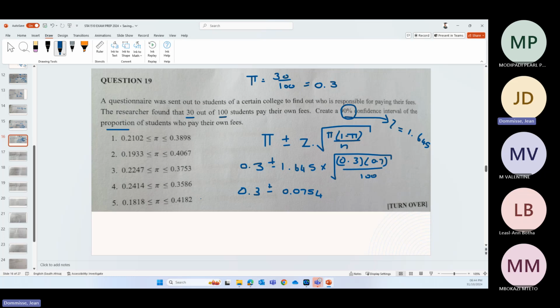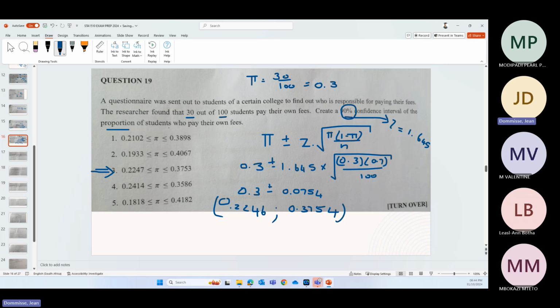I wonder why it is rounded off like that. So the top one is 0.3754, and the bottom one is 0.2246. Somewhere there's a bit of rounding off in mine, but it is option 3 that we are looking for.